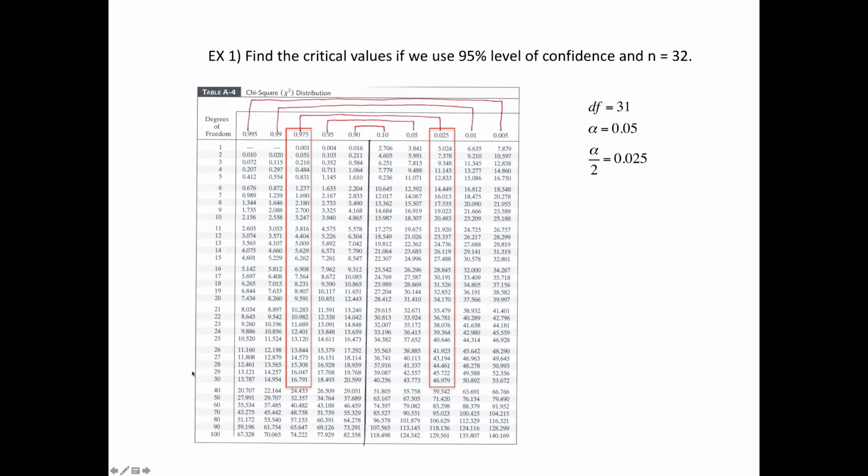Then you look on the side and there is no 31. Whenever these tables don't have what you're looking for, just use whatever's closest. The closest they have is 30. So on the right, the critical value chi-squared right equals 46.979, and on the left it's 16.791. And that's it for that example. We're just practicing using the table.